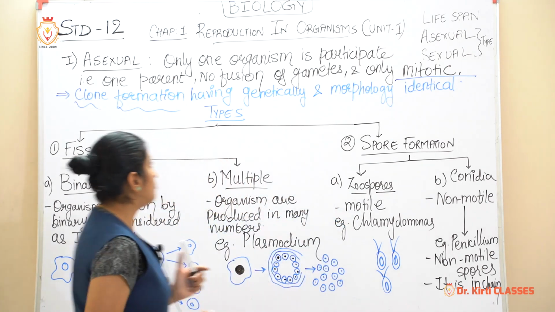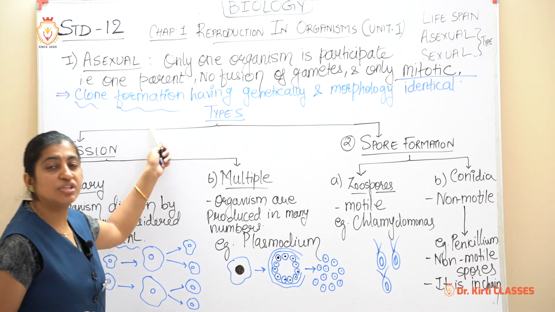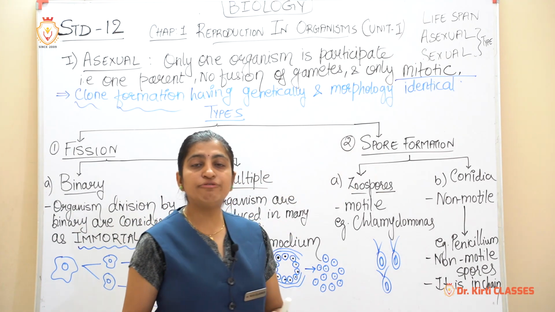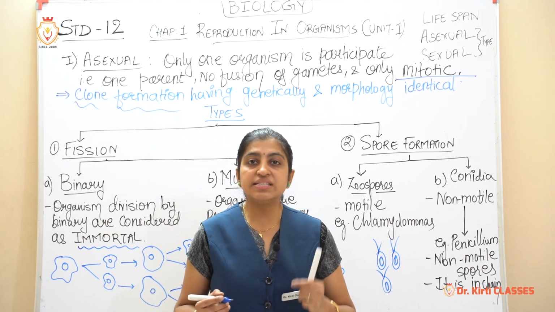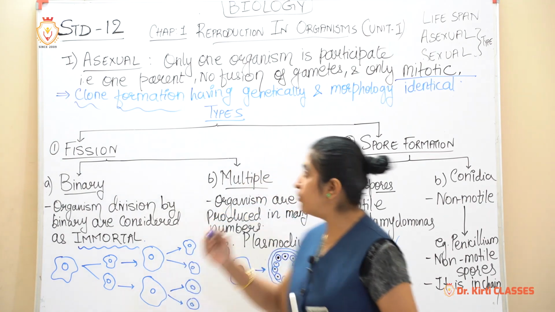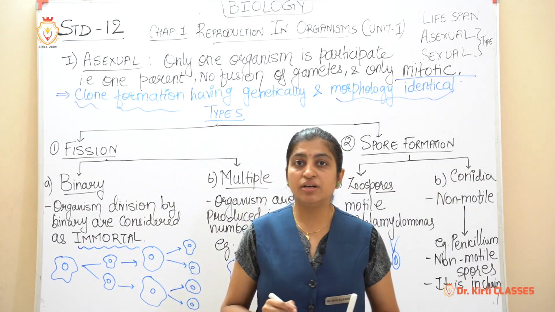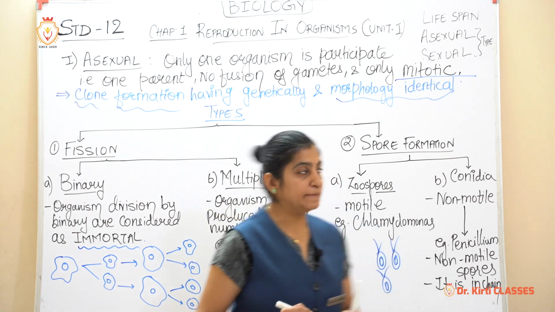So here also we will see a clone formation, genetically and morphologically the same, that means the external features of this offspring are also the same as the mother cell. So both are identical offspring produced from one single cell.